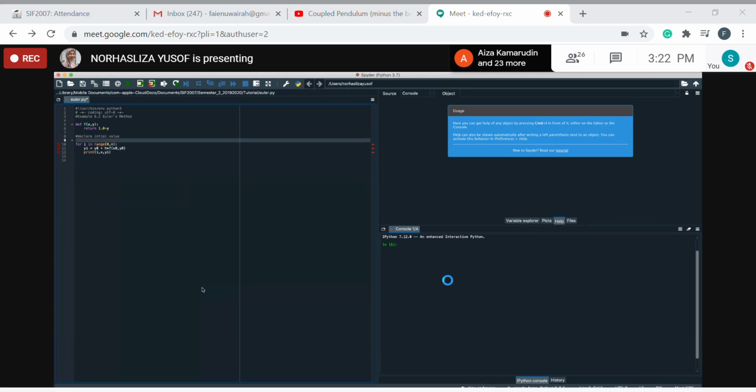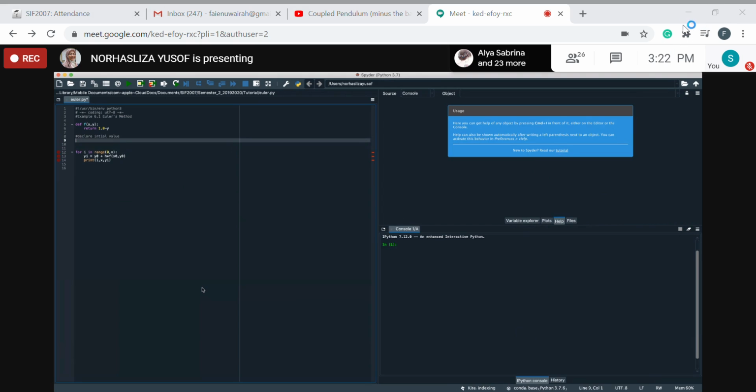So what is our initial value in the example? The example, we are given our x naught is 0, our y naught also 0. Okay, so the range is you have to calculate from 0 until n, right?